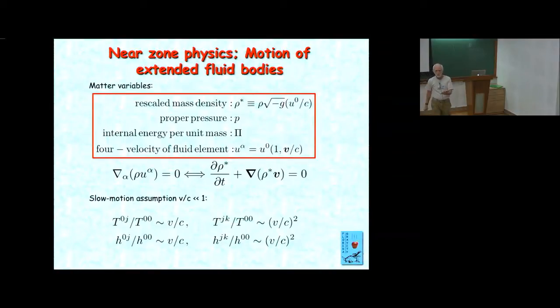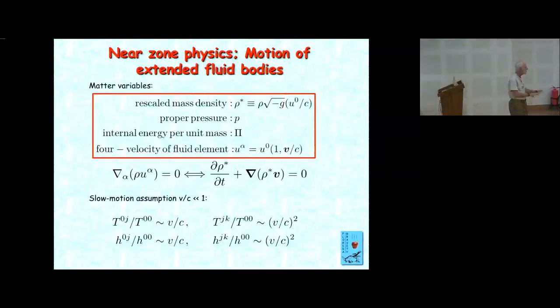So the jth component of T is going to be smaller than the 0 component by a factor of roughly V over C. And similarly, Tjk, there it is over here, it's going to have factors of Vj, Vk. Or here you've got a factor of P, which is also small, by the same epsilon, V over C squared.